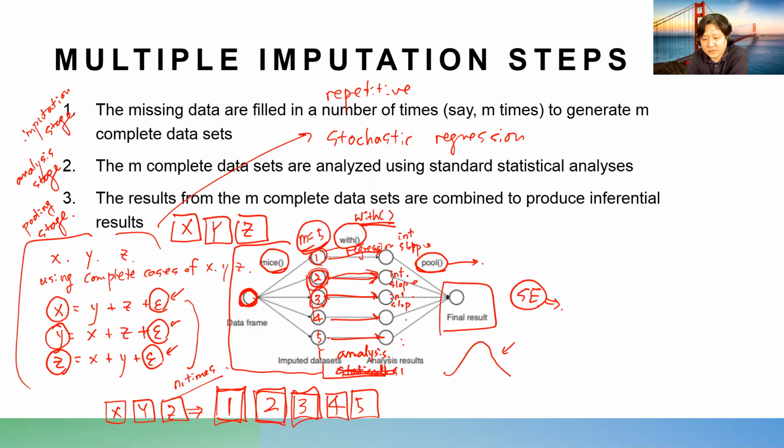We assume that the error follows the normal distribution, so -3 to +3, for example. Sometimes you sample from here, another time from here, so by increasing the number of repetitions, we can get more unbiased estimates.